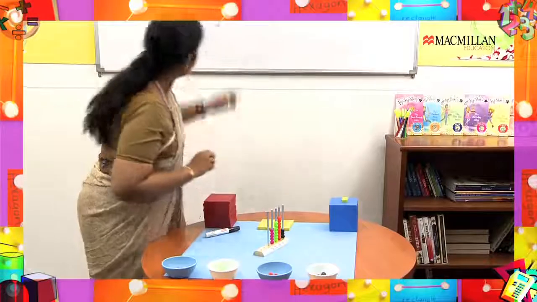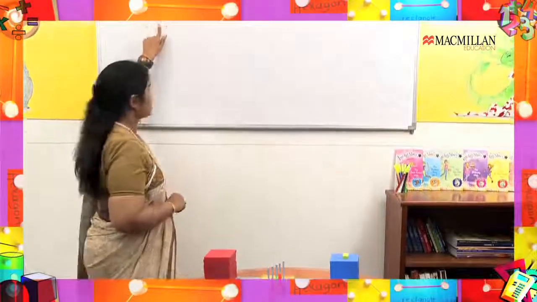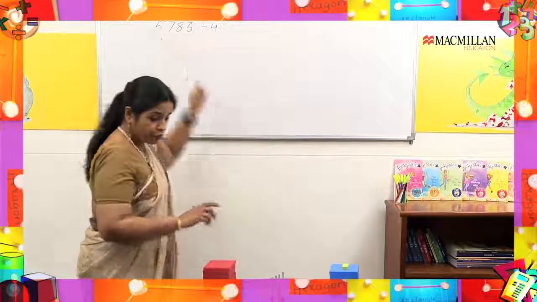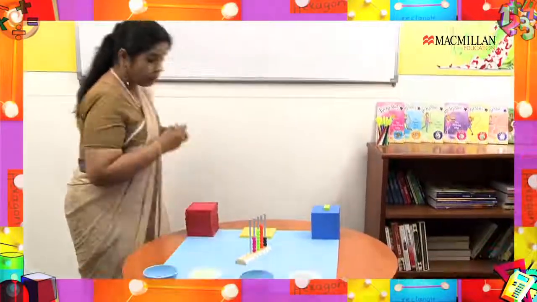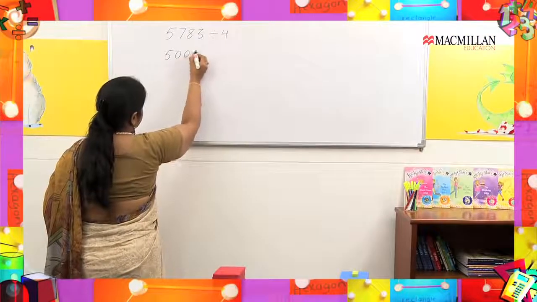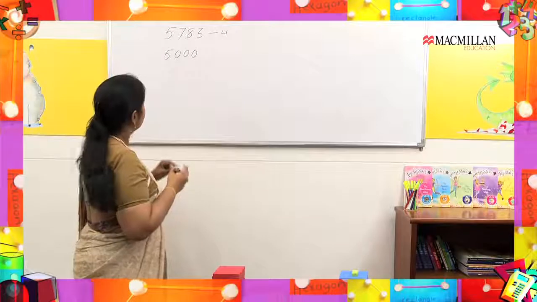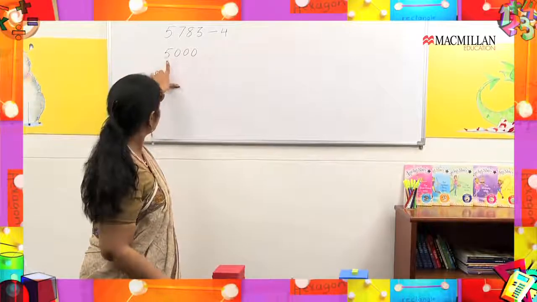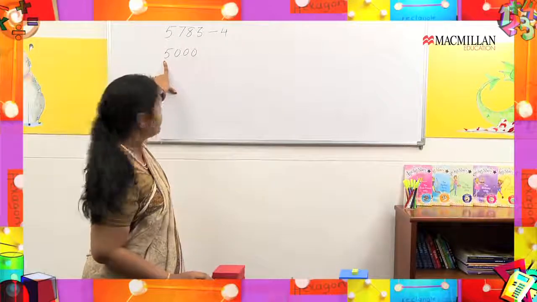You know, when we start with division, we always start with the largest place value. So the largest place value here is 5. So when I am dividing 5000 by 4, so what am I left with? I am dividing the position of 5000, that is 5 by 4.